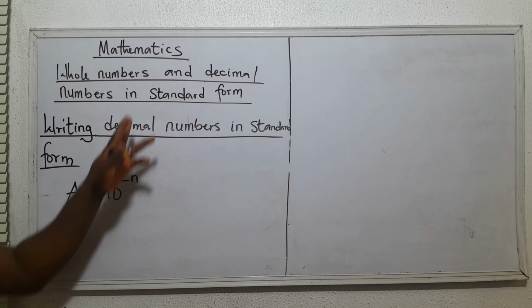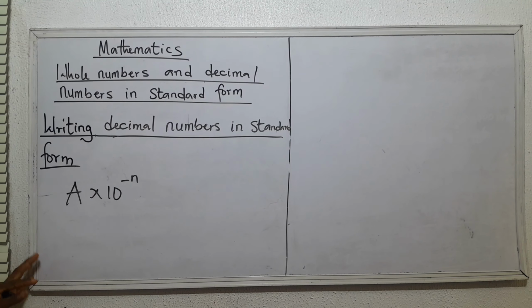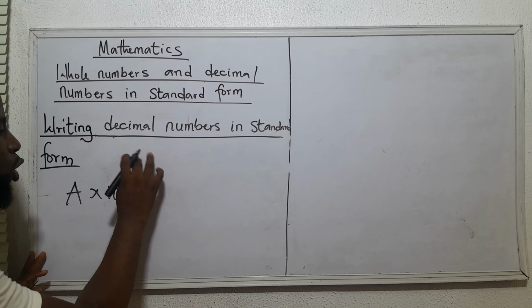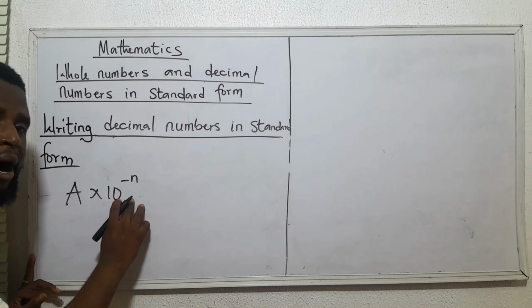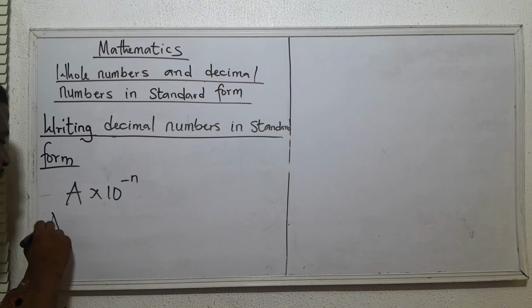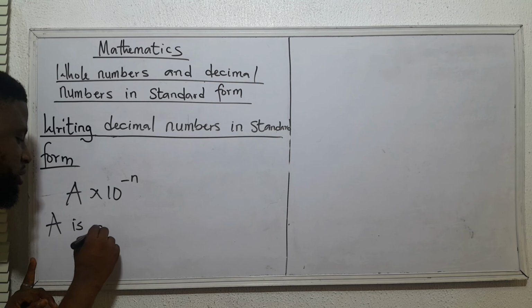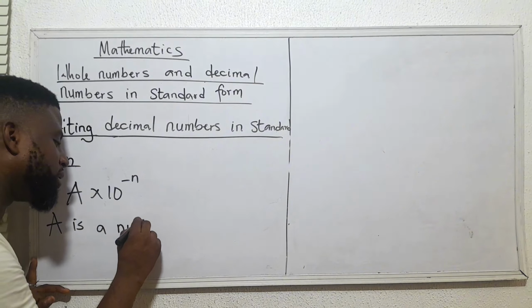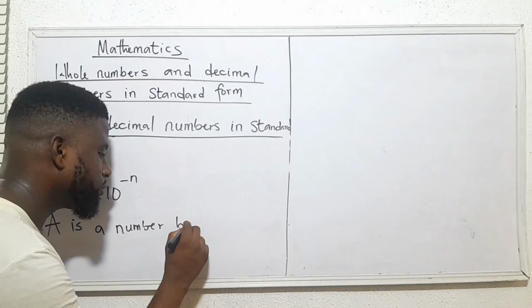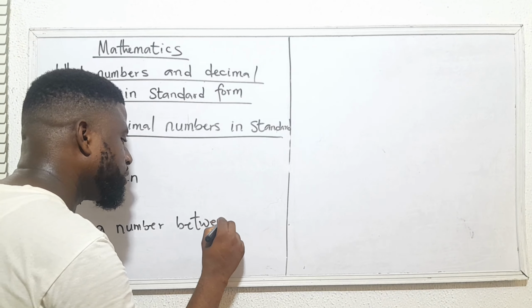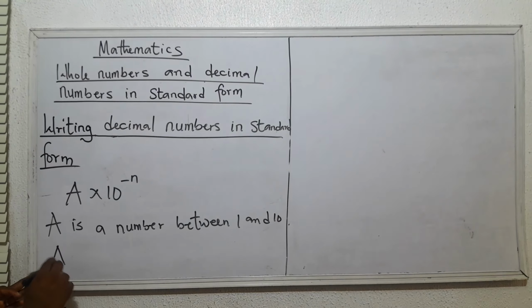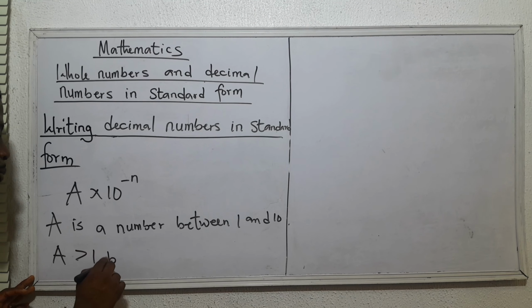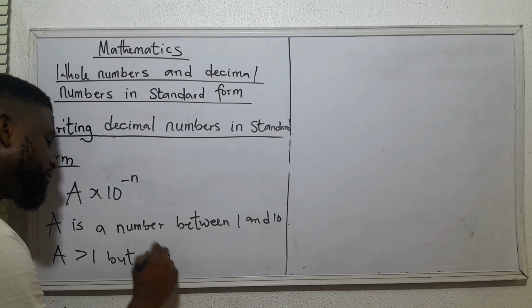Now, the difference between whole number and decimal number is that n for whole number is positive, while n for decimal number is negative. Our a is still the same, a number between 1 and 10. That is, a must be greater than 1, but less than 10.